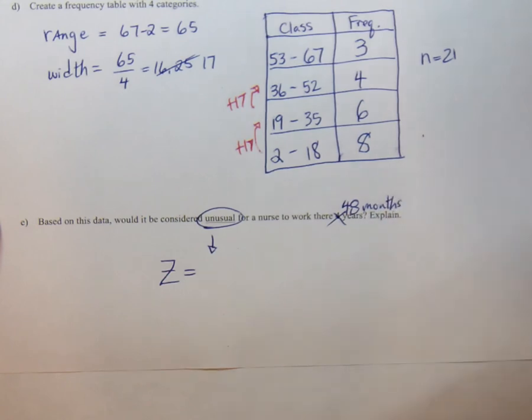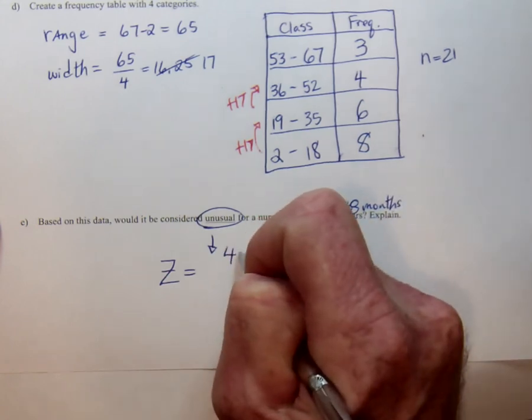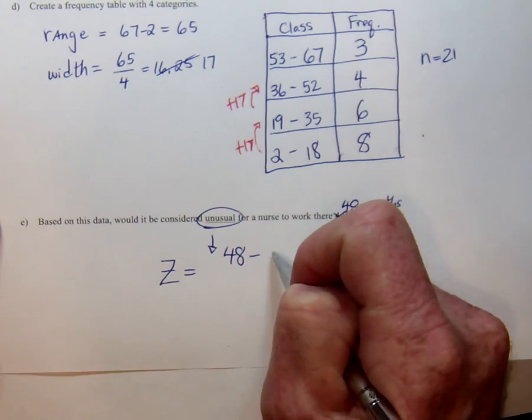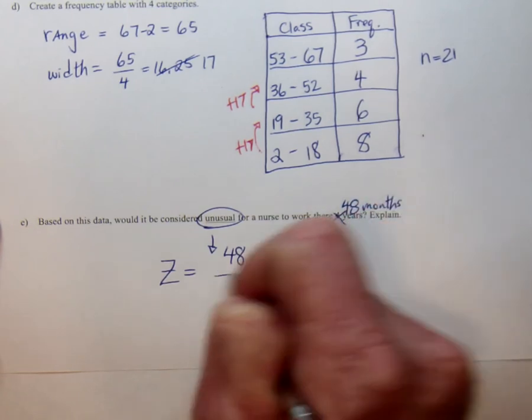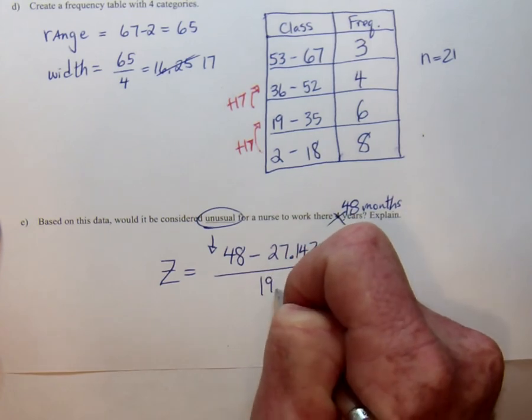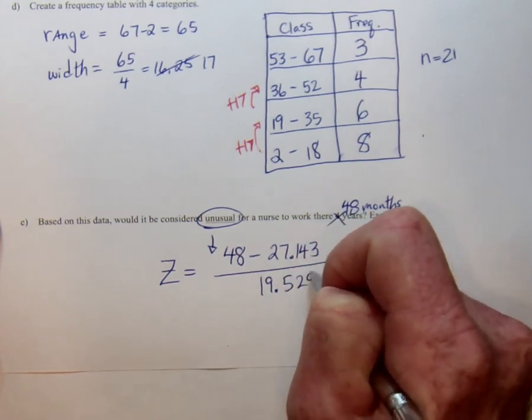We used 48 months. So it's going to be 48 minus, at the top of the page there's the mean, 27.143 divided by the standard deviation of 19.528.